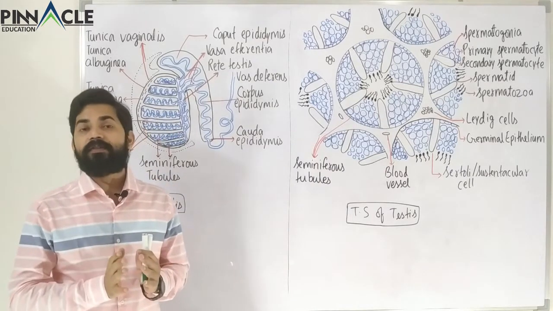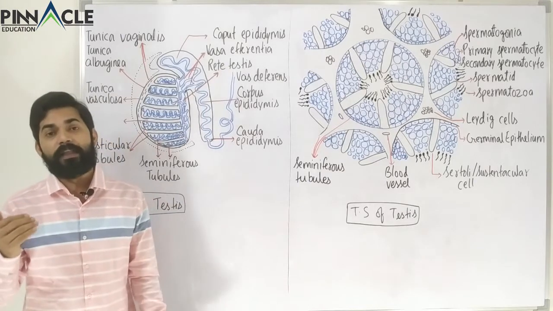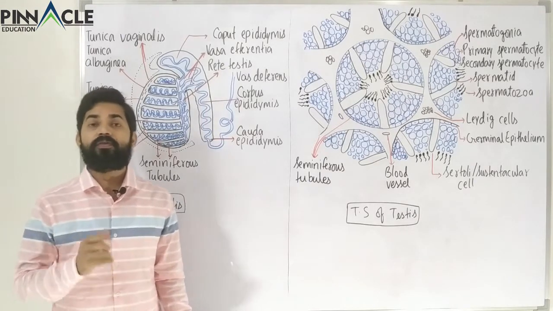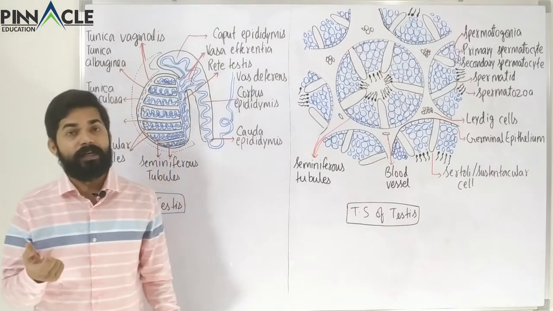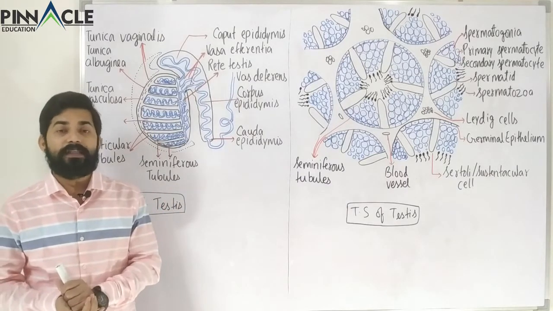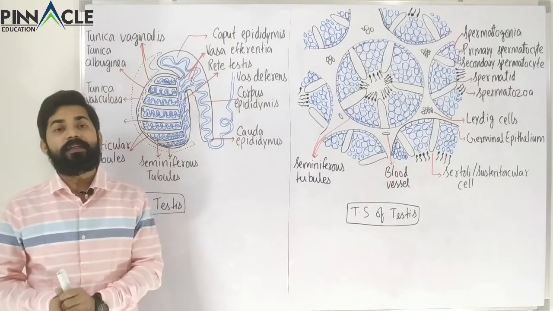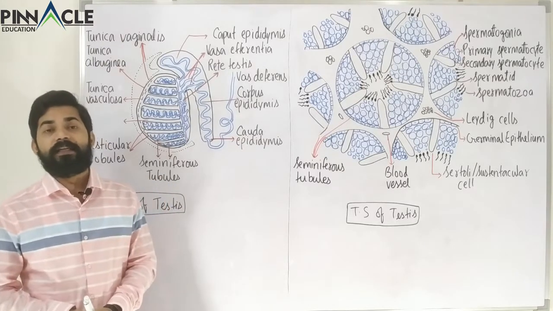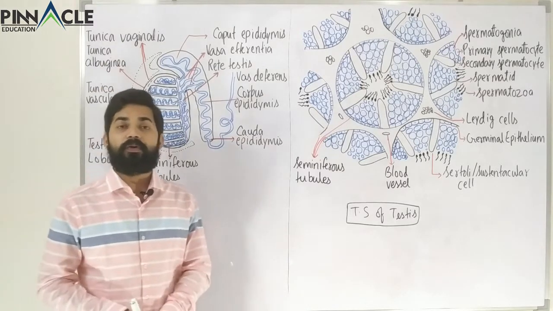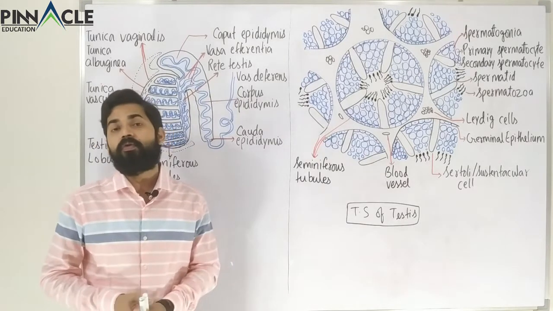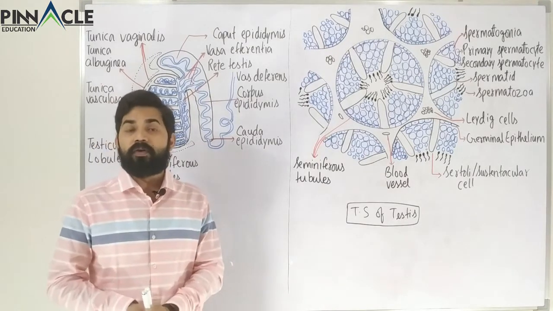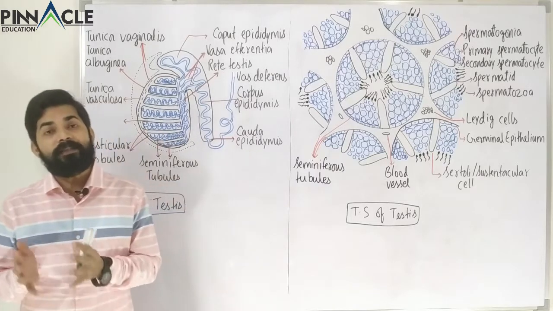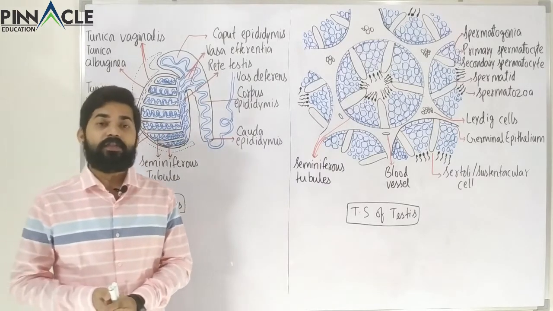Primary sex organs means that organ which is going to produce the sex cell or the gamete, and in this case the testis will form the sperms. Also, apart from producing sperms, this testis is responsible for the production of male sex hormones called androgens, and the main male sex hormone is testosterone.